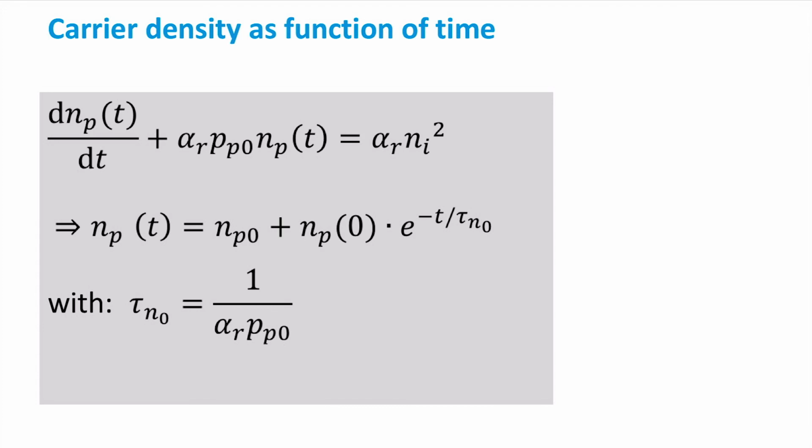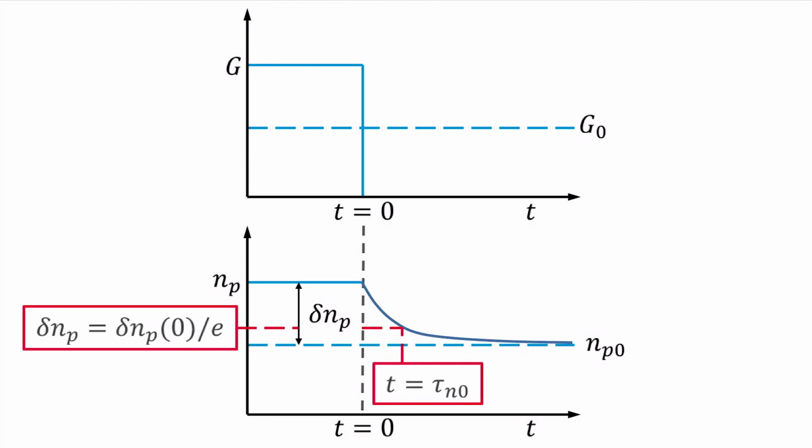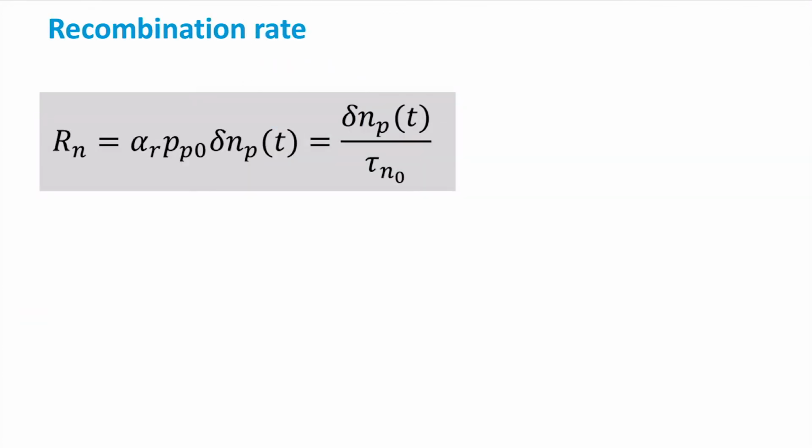Now we can sketch the electron concentration as a function of time, and then you can see the relevance of the lifetime. This lifetime indicates the time needed for the excess electron concentration to drop to 1 over e of the initial concentration, with e the Euler number. The recombination rate is then equal to the instantaneous excess carrier concentration divided by the lifetime.